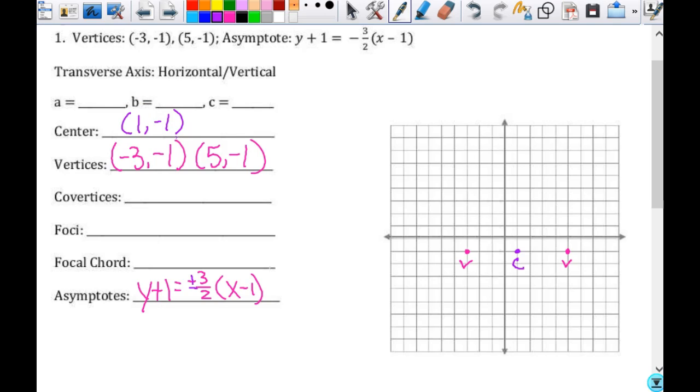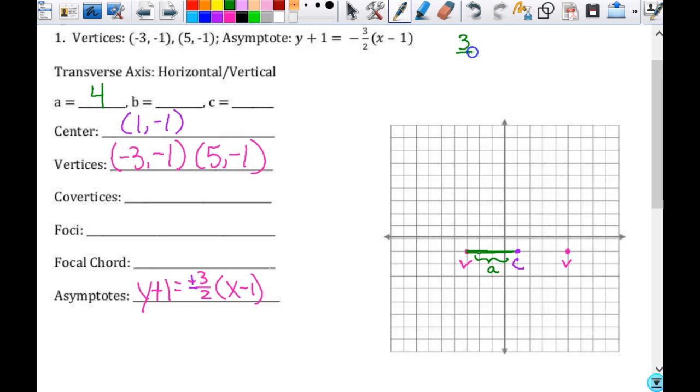So now, this distance right here represents what? A. This is A. And what is A equal? 4. Right? So since this is the ratio, and I know it says -3 halves, and you can use that, but just know that A and B are always positive. I would just use the positive version of this because this is just one asymptote.